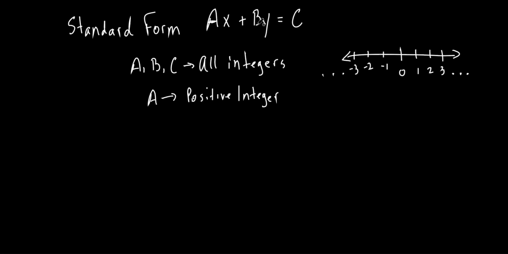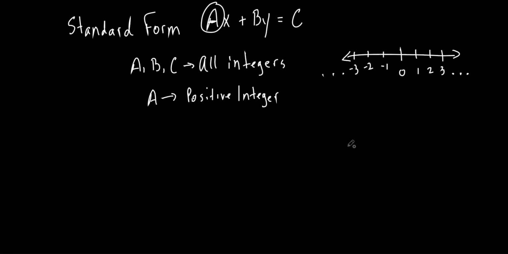So B can be a negative integer, C can be negative. Now, none of them can be fractions at any point. But A always has to be what? Positive. So keep that in mind. We'll get to that in a few minutes. We're not going to get to it right away, but keep that in the back of your mind, because we are going to talk about it eventually.